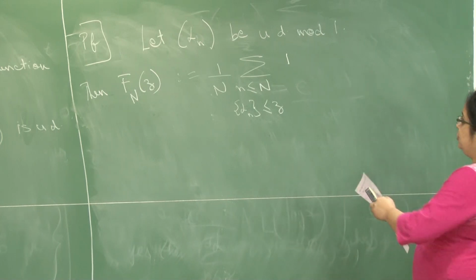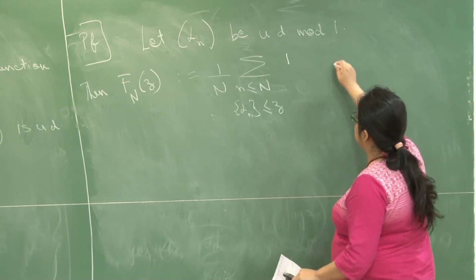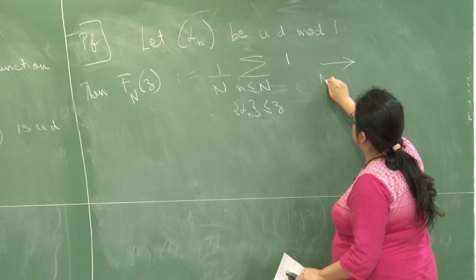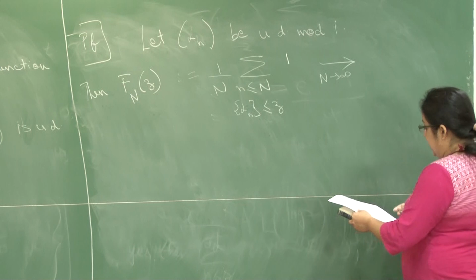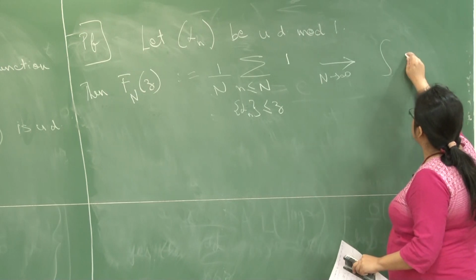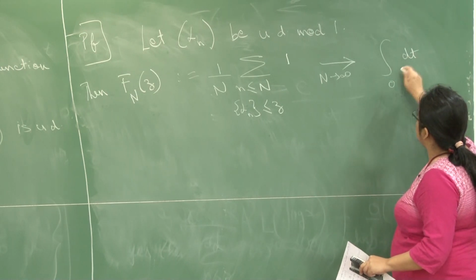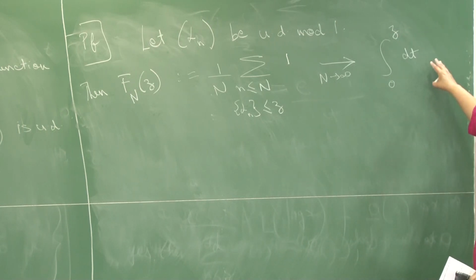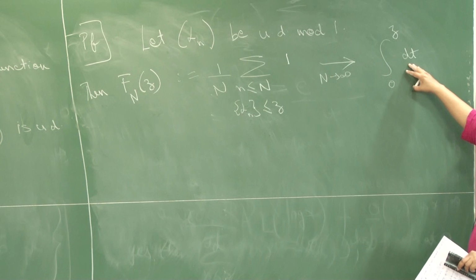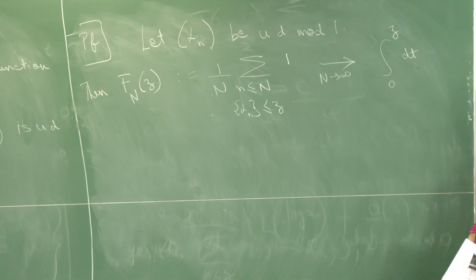Because this is uniformly distributed, this limiting distribution function as N goes to infinity is equal to just z, which is the integral. So, it is going to the distribution function for the uniform distribution.